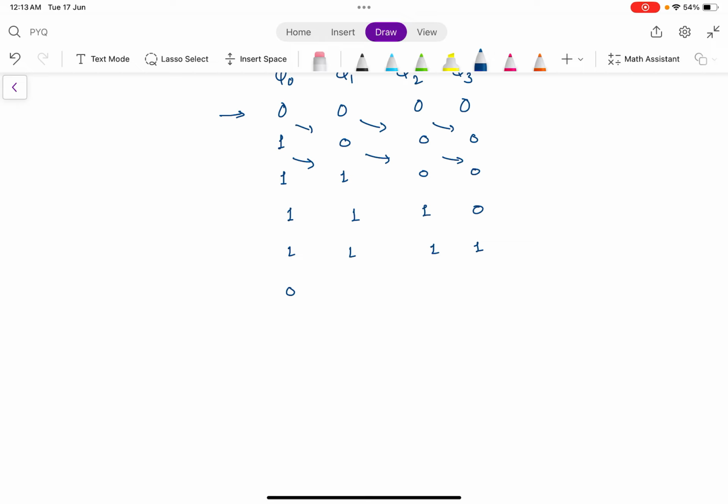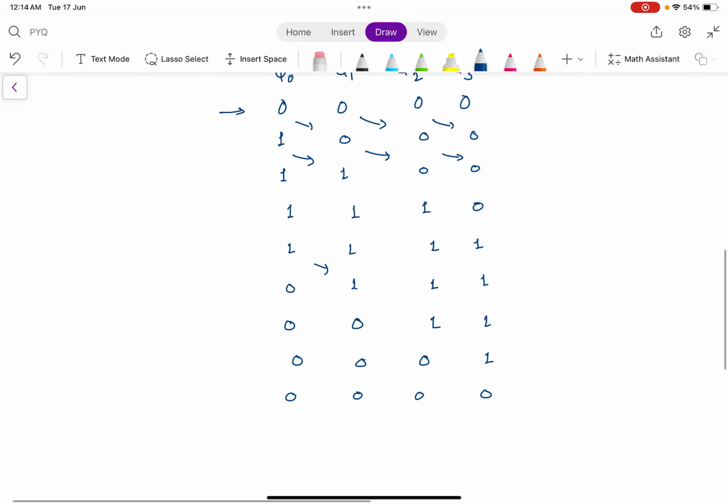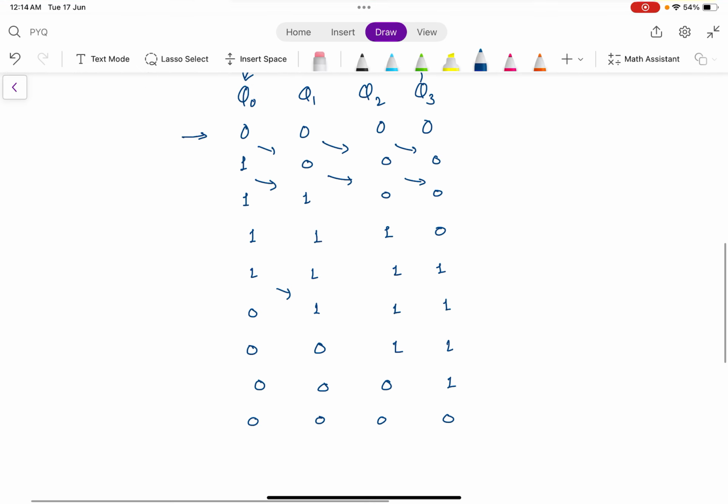Again the complement becomes 0 here, and here comes 1, 1, 1, again 0, 0, 1, 1, 0, 0, 0, 1, and now all becomes 0, 0, 0, 0. So you got the initial state.